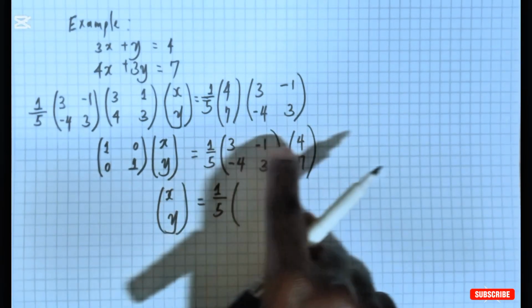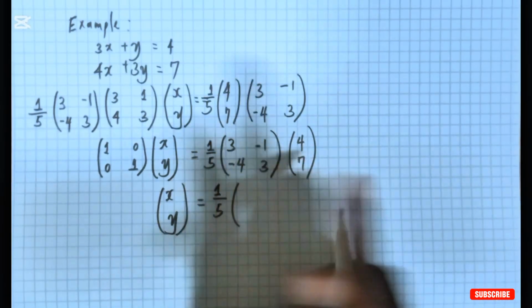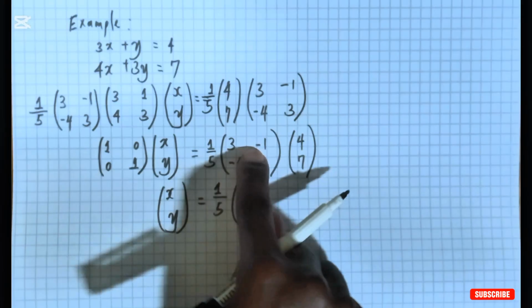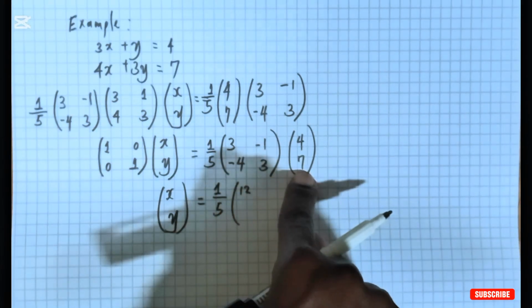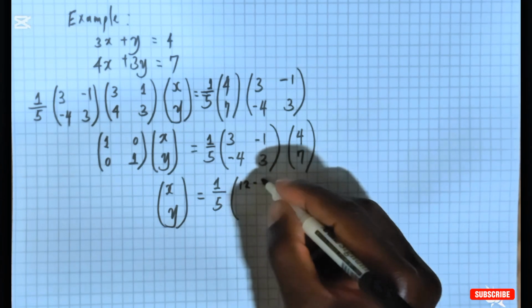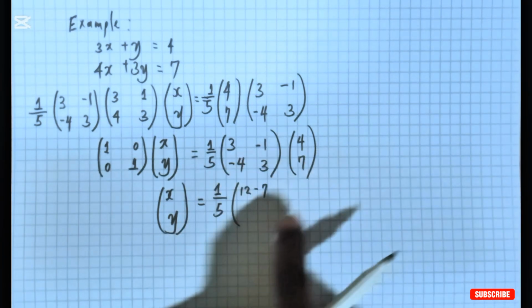Now, 3 times 4, that is 12. -1 times 7, that is going to be -7.